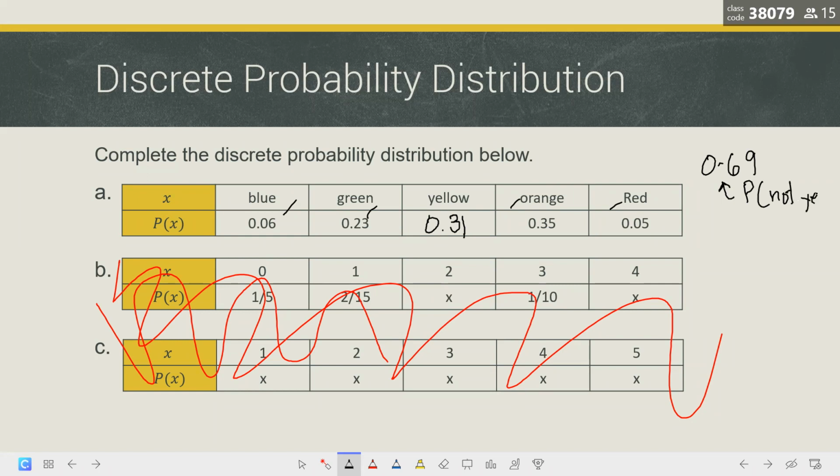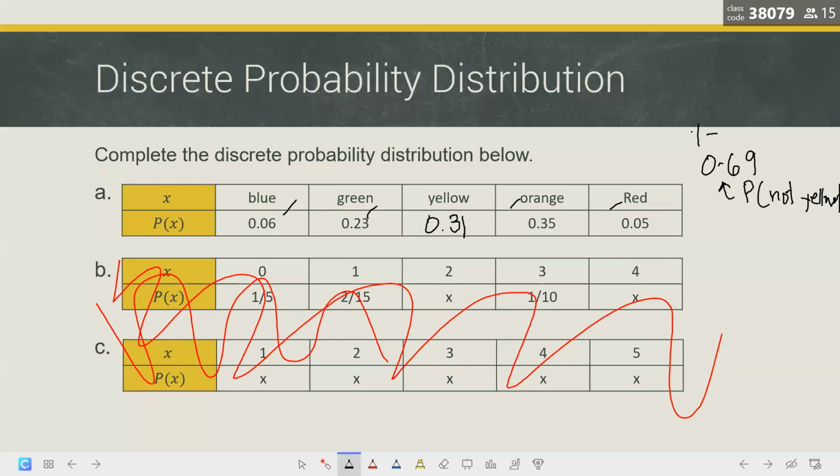Probability na not yellow. Therefore, if we are going to subtract 0.69 from 1, since it is stated in the second property na yung 1 daw is the sum of all the probabilities.